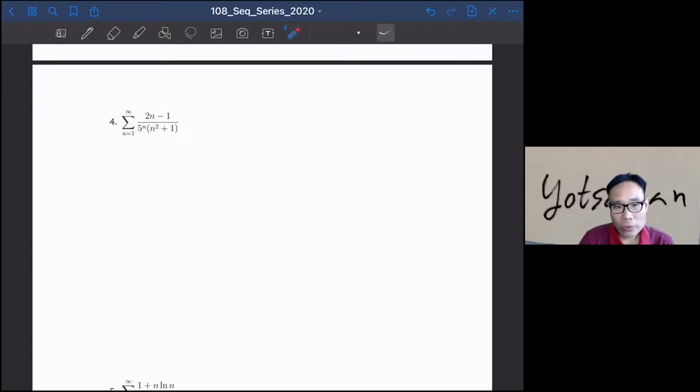So for doing this one, you are trying to find convergence or divergence. So you have an equal to this term, right? Let me just write down 2n minus 1, 5 to the n, n squared plus 1.